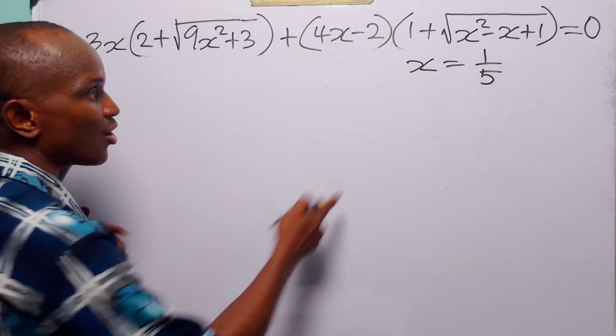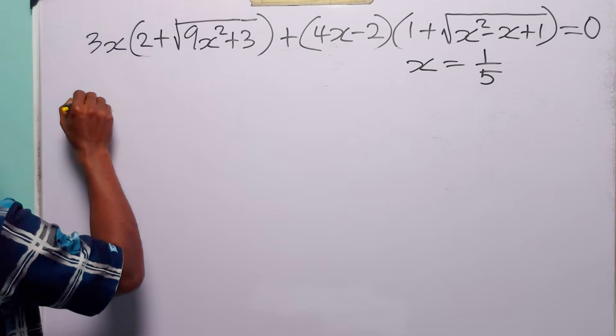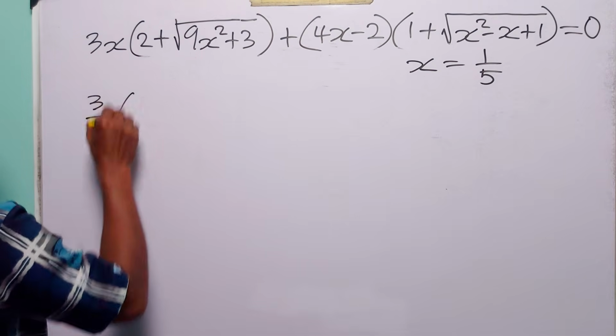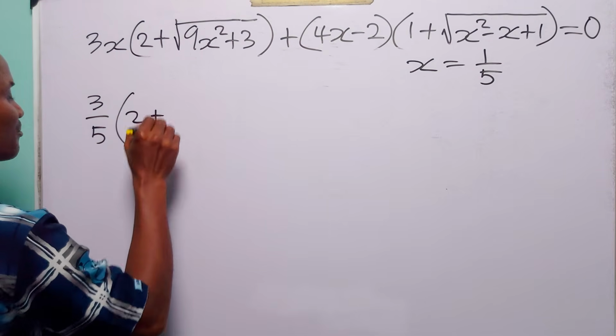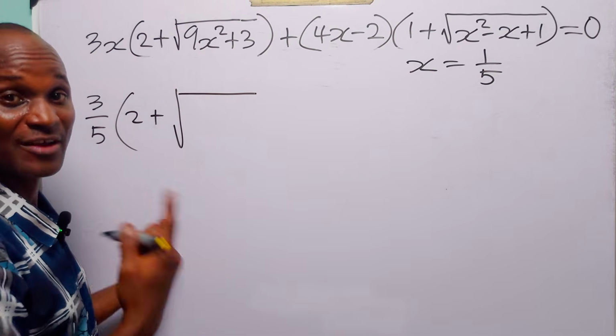Now let us check. When x is equal to 1 over 5, then 3 times x is going to be 3 over 5 times 2 plus the square root of 9 times 1 over 5 squared.